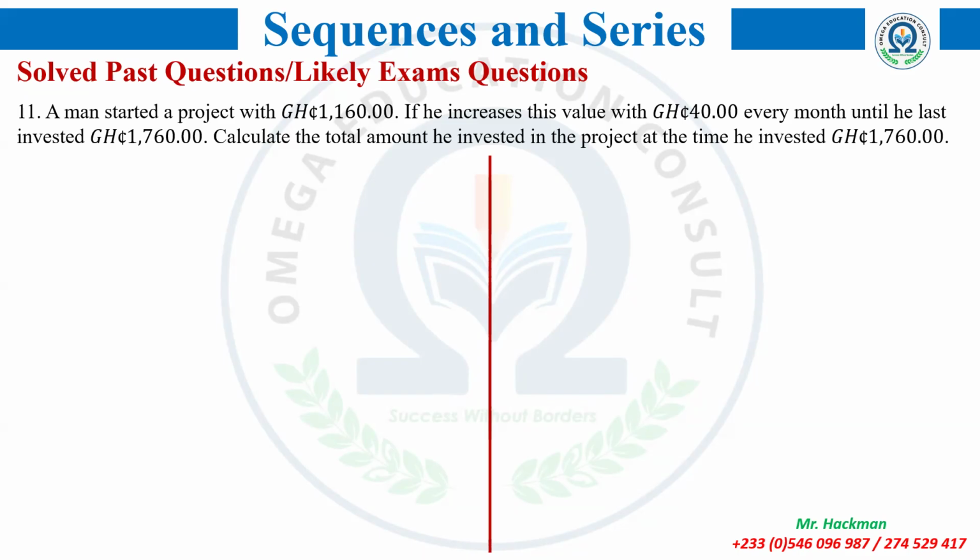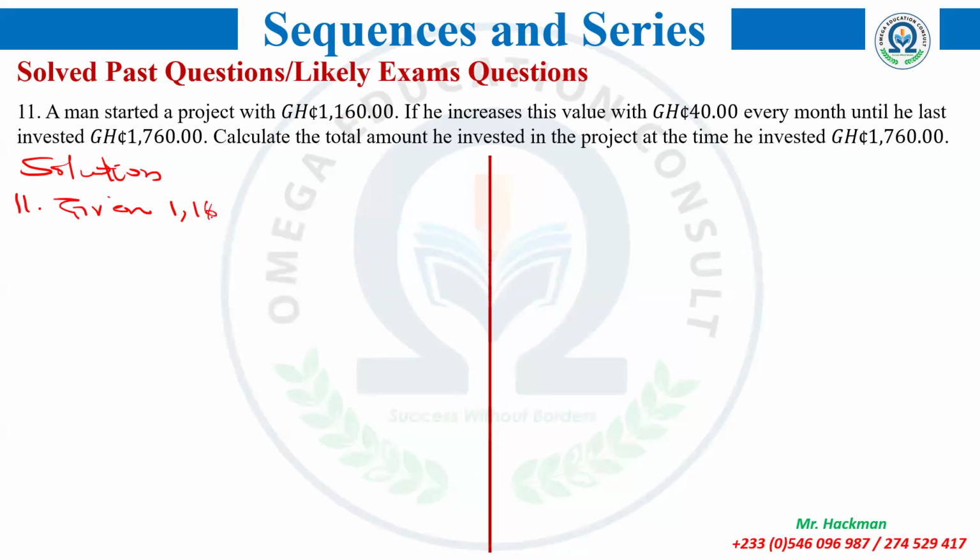Let's look at the pattern of the man's investment, or savings if you like, into the project. The solution is so easy. Don't let the currency confuse you. The first time the man invested, what is the value of the investment? That is 1,160.